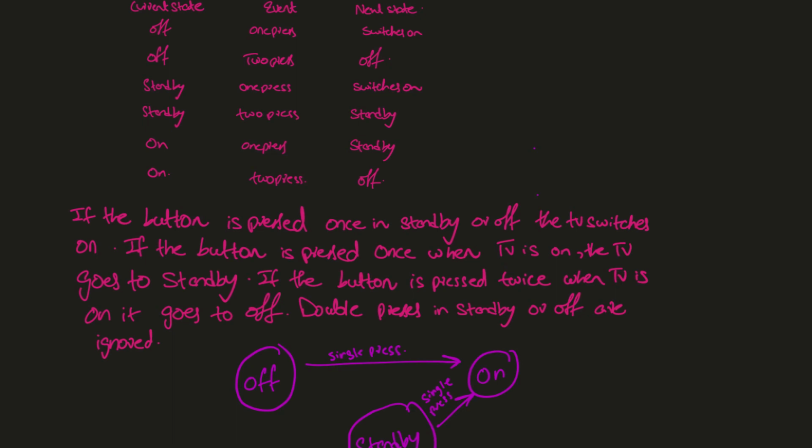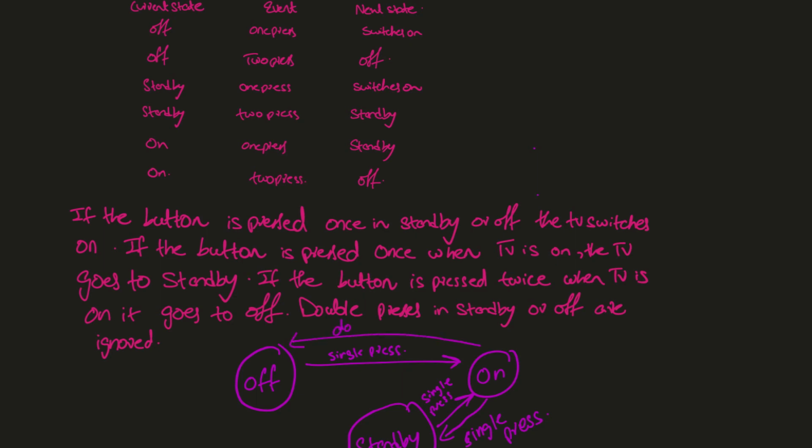Now let's read what happens next. If the button is pressed once when the TV is on, the TV goes to standby, right? So here we have an arrow, and this happens when a single press is done. If the button is pressed twice when the TV is on, it goes to off, right?